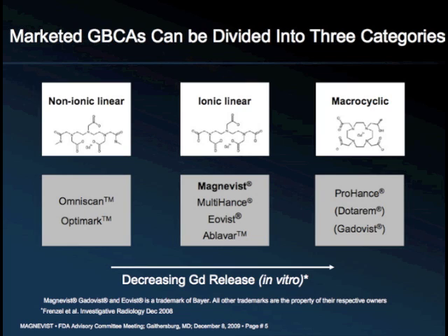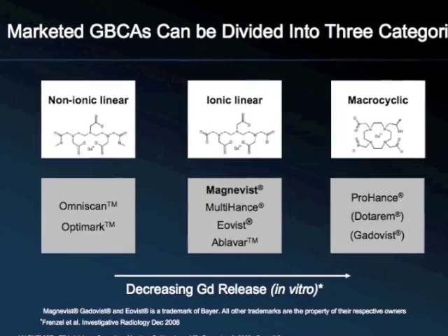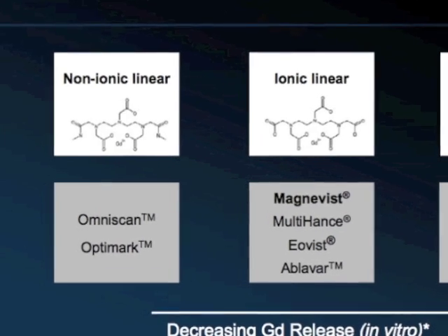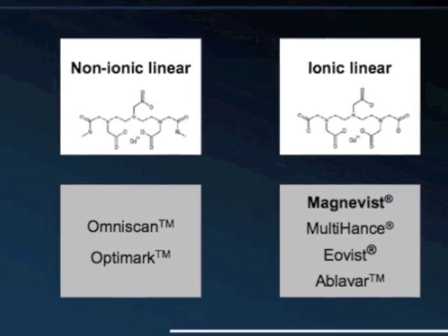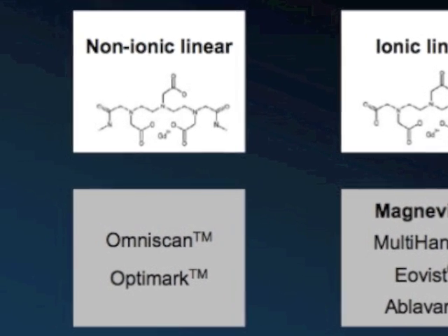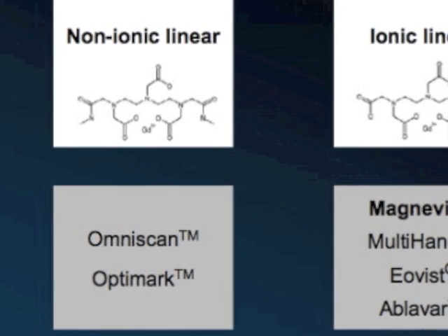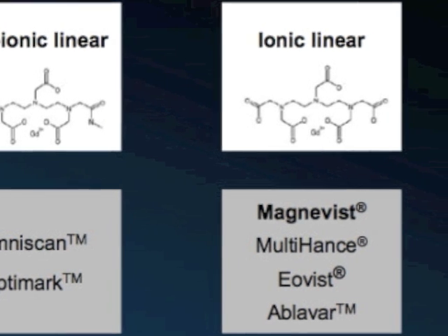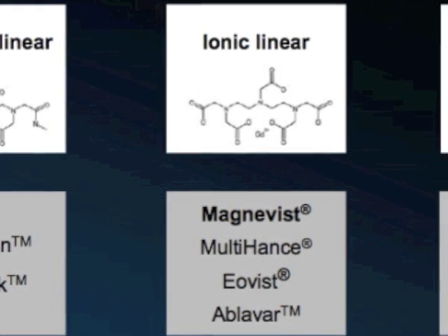This slide, acquired from Baylor Pharmaceuticals, demonstrates a little bit more of the composition and how these contrast agents are bound together with that chelate. Noticing here, between the non-ionic and the ionic, the linear format into which the gadolinium is housed in the chelate, it's kind of a strand or a string. It can easily be broken, leaving that gadolinium just to float around into the tissue of the patient.